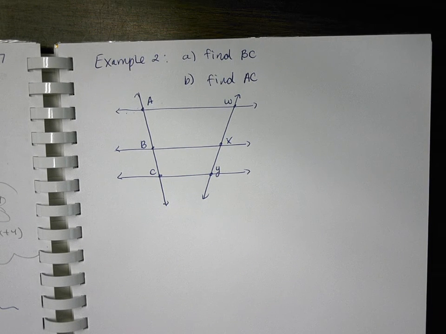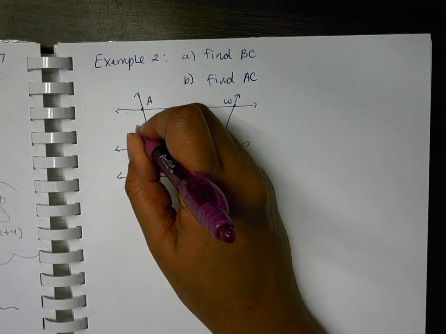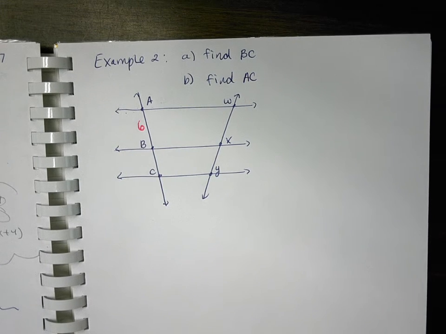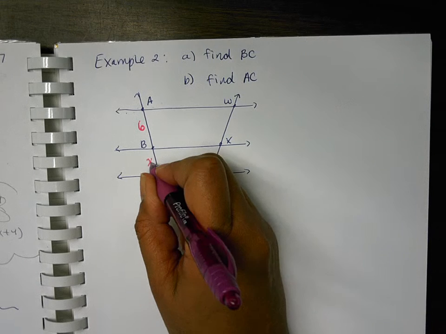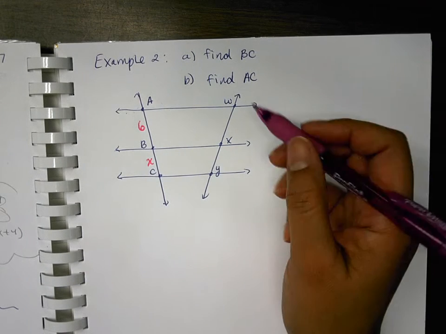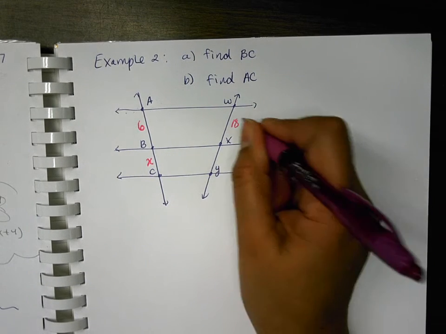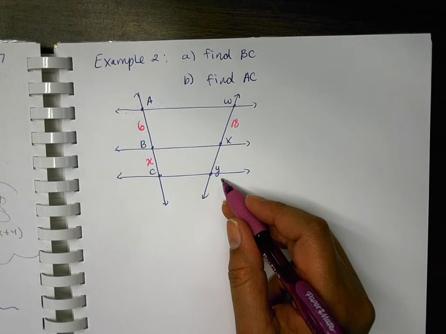All right, I'm going to put a 6 here for the length of AB. The length of BC is X. The length of WX is 18. And the length of XY is 12.